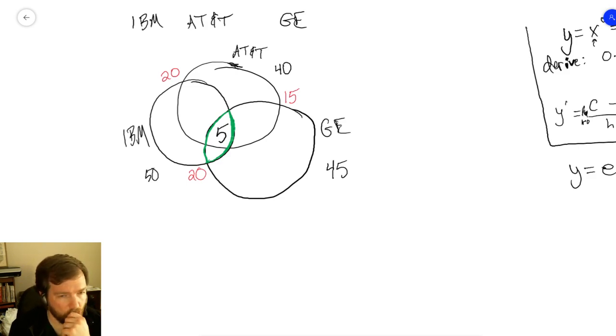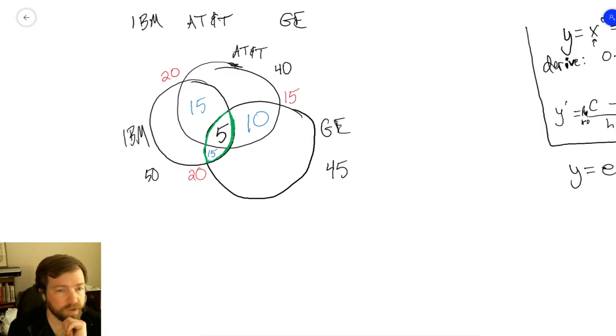If we've got 20 between IBM and GE, and if we're including the 5 here, then that means we're going to have a total of 15 just for IBM and GE and not all three. Similarly, this means we're going to have another 5 plus this gets us 15, so that's going to be 10 here. This 20 is going to be another 15 and 5 here.